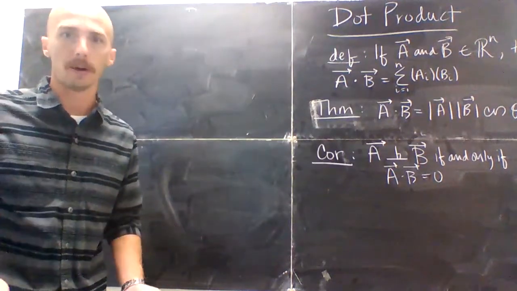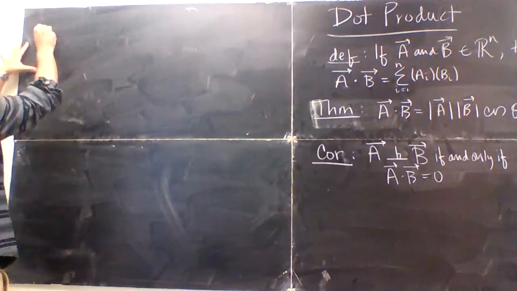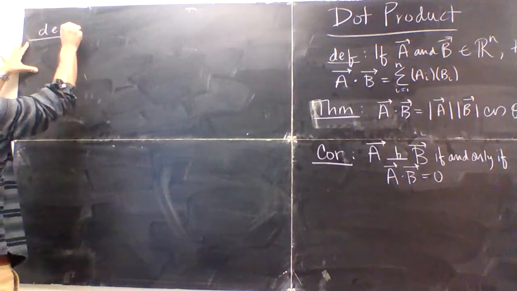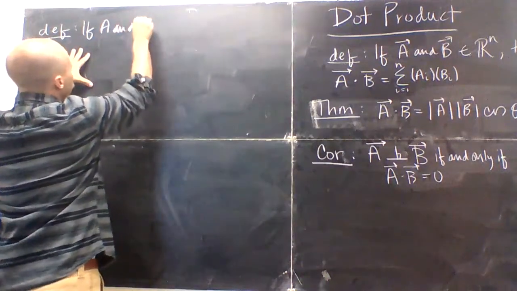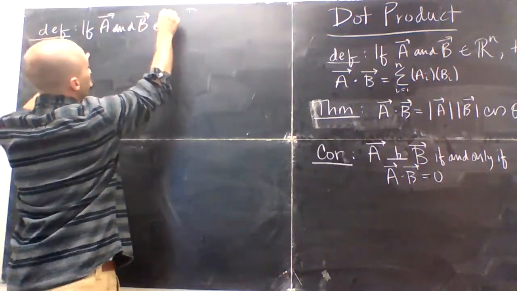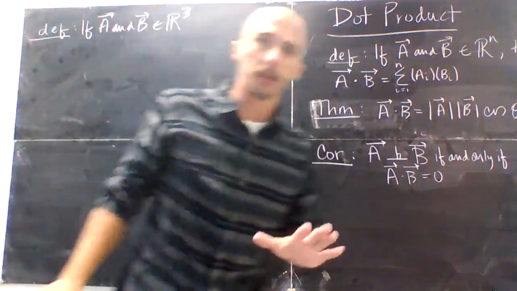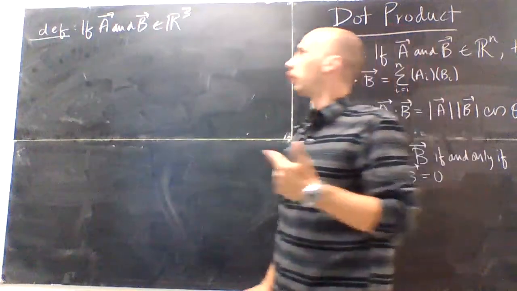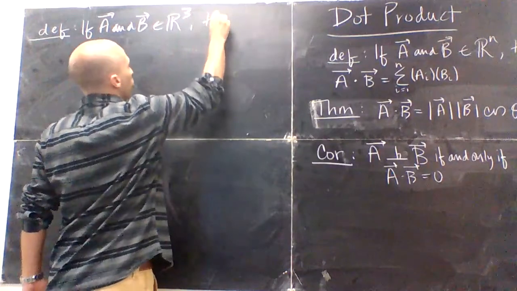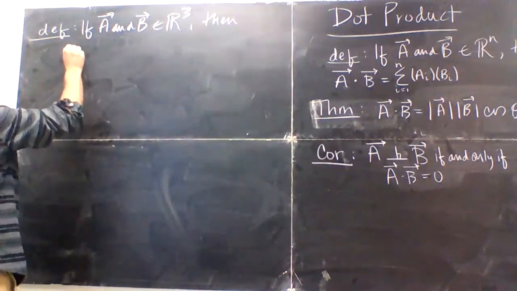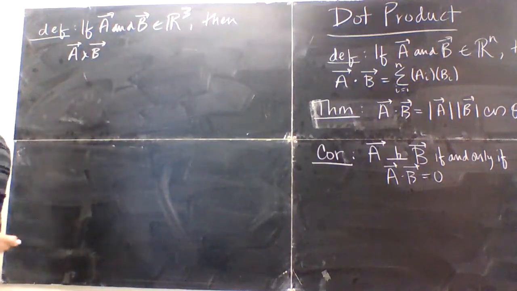In your physics class, you're going to learn about reasons you will cross two vectors. So I'm going to set up the cross product. If A and B are elements of R3 specifically, and in this class we're only going to cross vectors that are three-dimensional, so if we take two three-dimensional vectors, A crossed with B is going to be a vector itself.